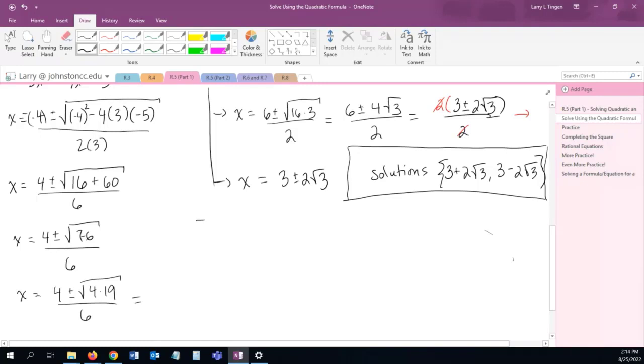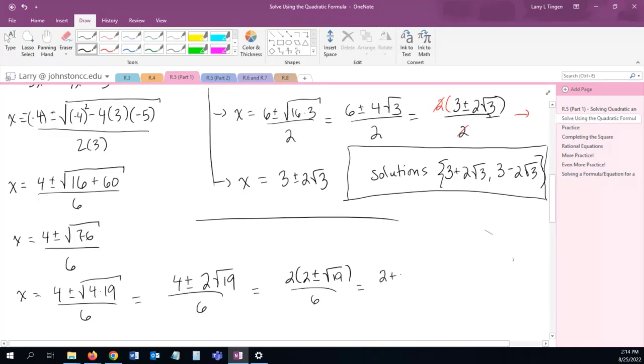Square root of 4 is 2. All the terms have a factor of 2 in them. 2 plus or minus root 19 over 6, which becomes 2 plus or minus root 19 over 3.